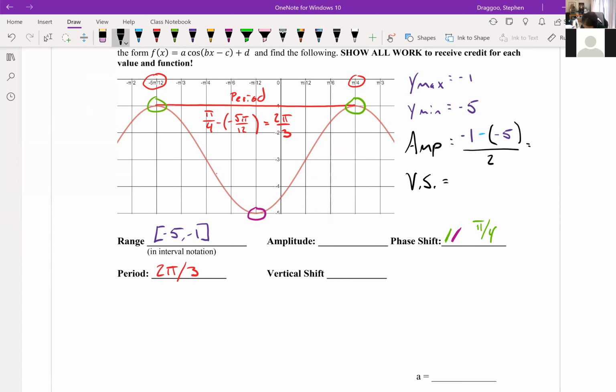Compared to the vertical shift, the vertical shift is -1 plus -5, all over 2. Right, that being the difference between the two formulas for amplitude and vertical shift. So doing that math out, -1 plus 5 is 4, over 2 would be 2 for the amplitude. And -1 plus -5 is -6, over 2 is -3.